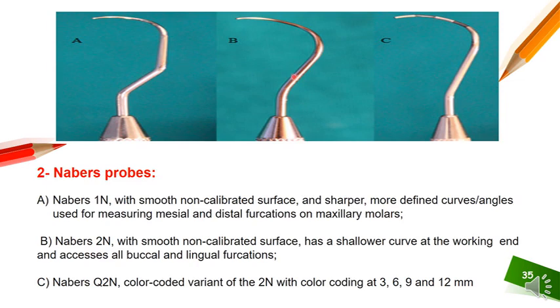The second type, 2N or Nabers 2N, also has a smooth and non-calibrated surface, but there is a shallower curve at the working end, and it accesses all buccal and lingual furcations. The third type is the Nabers Q2N. Here it is color-coded, and the color coding is at the 3, 6, 9, and 12 millimeter.